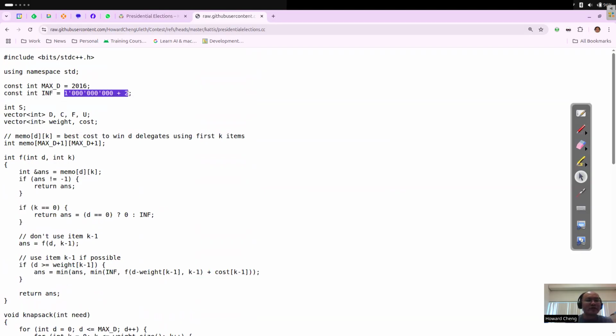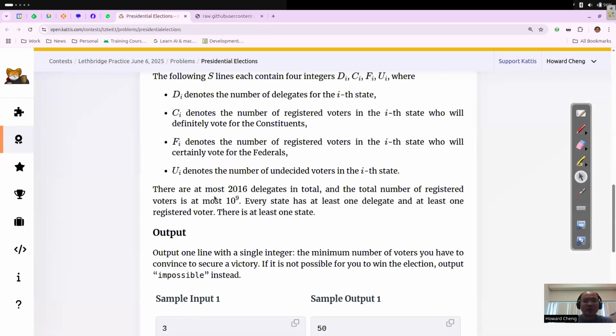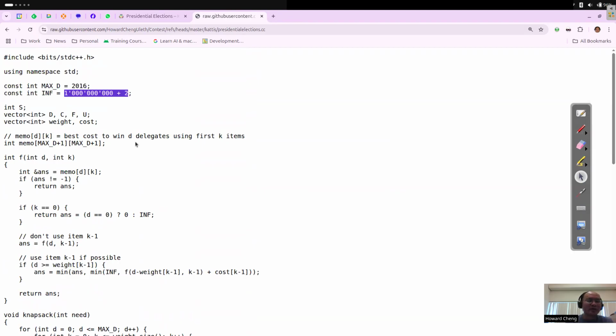So I put infinity being 1 billion plus 2, because they said that the total number of registered voters is at most 10 to the 9. So no possible answer can be more than 1 billion. So plus 1 is good enough, but plus 2 just to be safe. So infinity 1 billion plus 2 is just as good as any infinity.